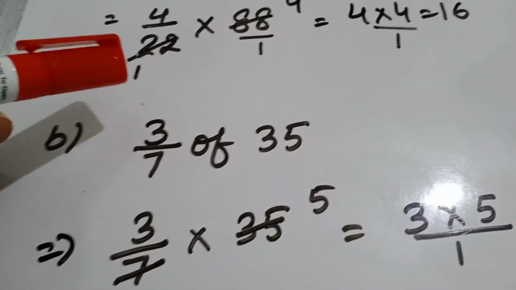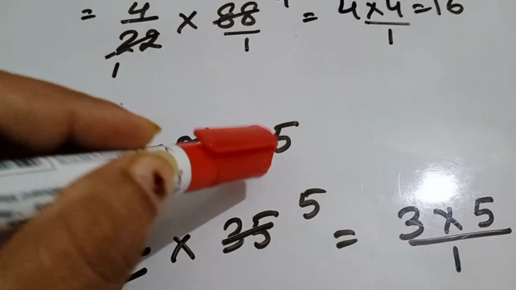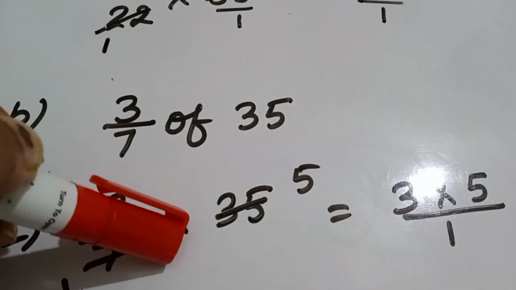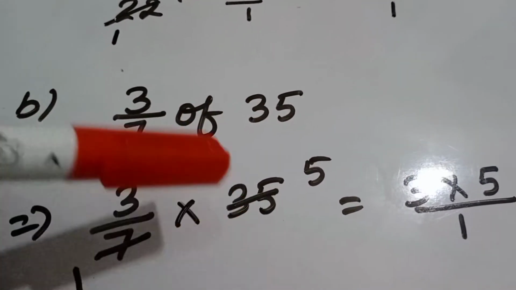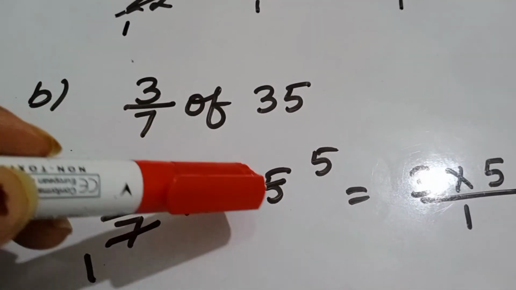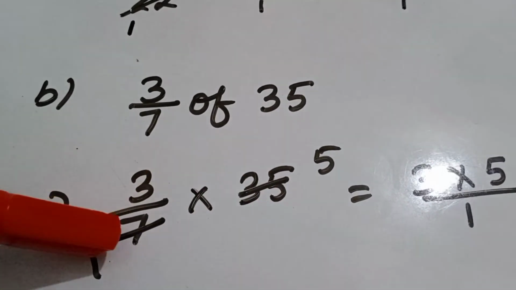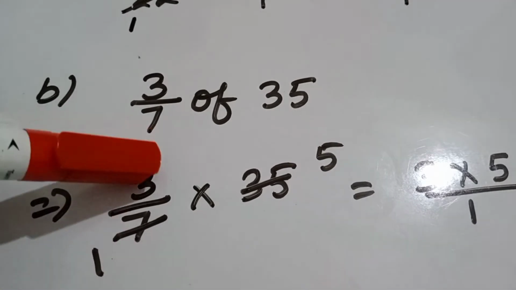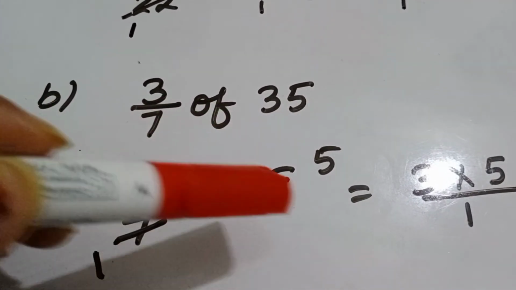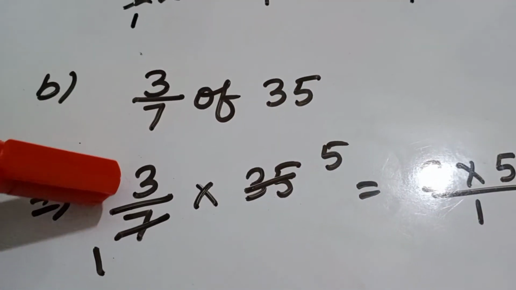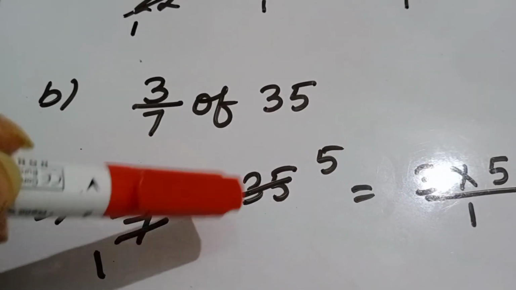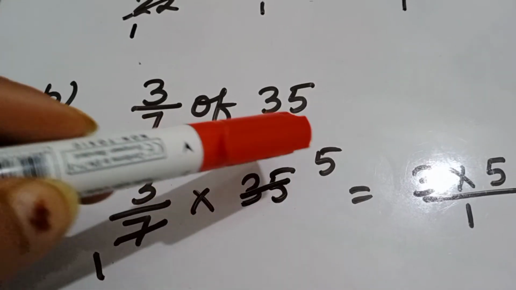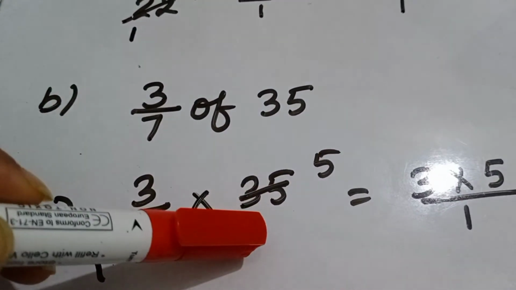Next part, 3 by 7 of 35. 3 by 7 of will be replaced by multiplication, and 35. If this number is divisible by the denominator, we will try to divide. Otherwise, we can simply multiply these two terms and solve. So 3 by 7 multiplied by 35. 7 times 1 is 7. 7 times 5 is 35.